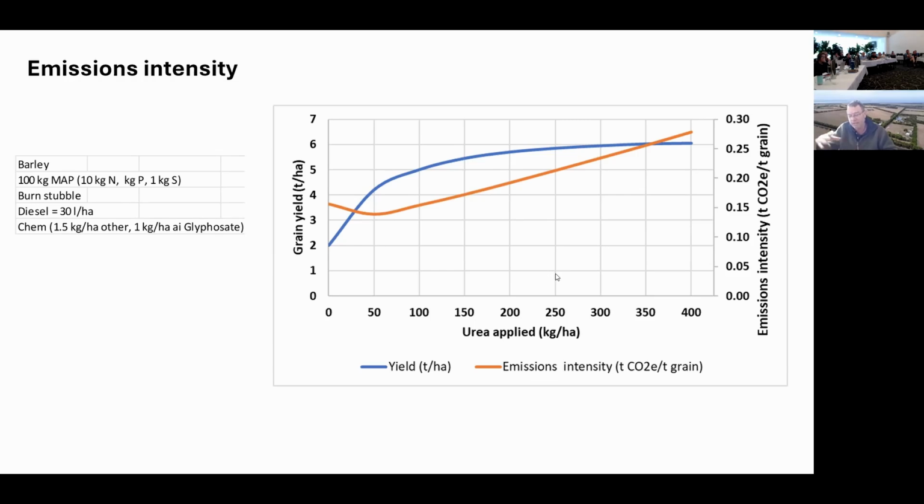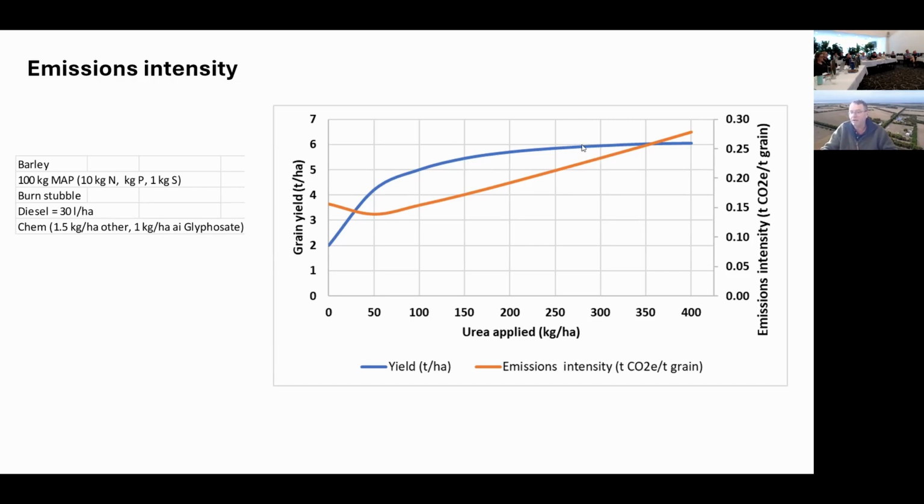Now, there's obviously economic points where you stop doing that, quality things where you stop doing that, a whole lot of other considerations in that. But the general concept, and we've found this with a lot of our crops, is that our use of urea, it's very hard as we start getting into more of these final top-up ones, if you like, in that cumulative urea that we use over the year, to actually get lower emissions intensity.